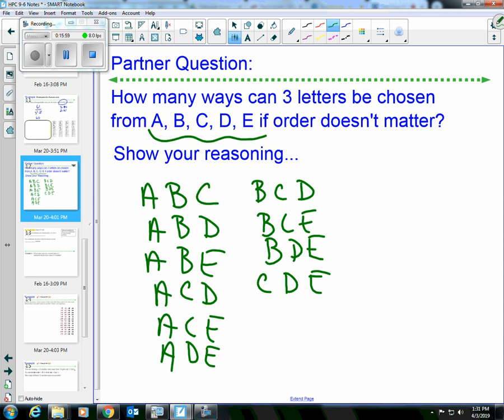I think that's everything, starting with the A's, the B's, and the C's. Noticing I don't have any repetitions where I just rearrange these in a different order. So if order doesn't matter, how many ways was that? 1, 2, 3, 4, 5, 6, 7, 8, 9, 10. There are 10 ways. I chose from 5 items and selected 3.